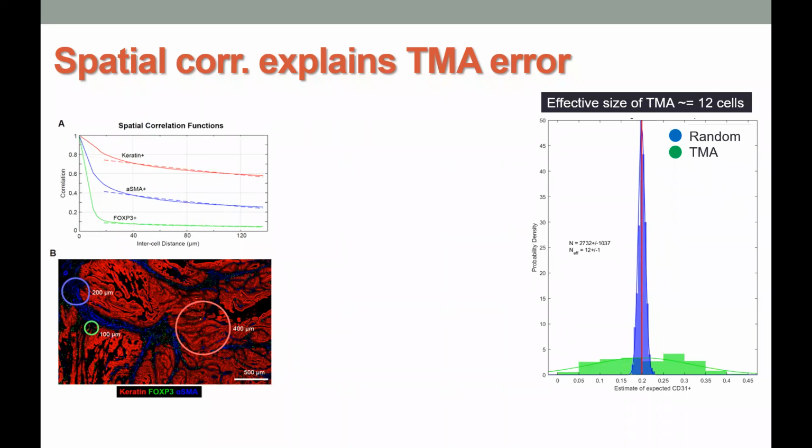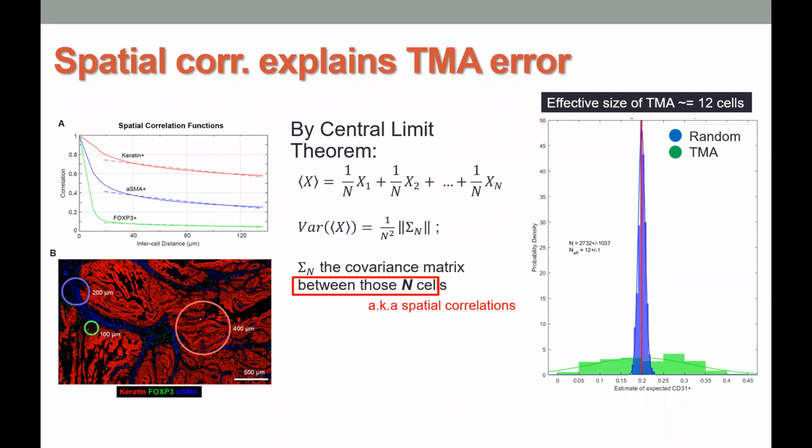Via that, you can already try to calculate, if you randomly sample or spatially sample, what kind of variation you can get. Because it's done by a very simple statistical principle, you can calculate what we call the effective size of the sample rather than the total size, if you do this kind of spatial sampling.